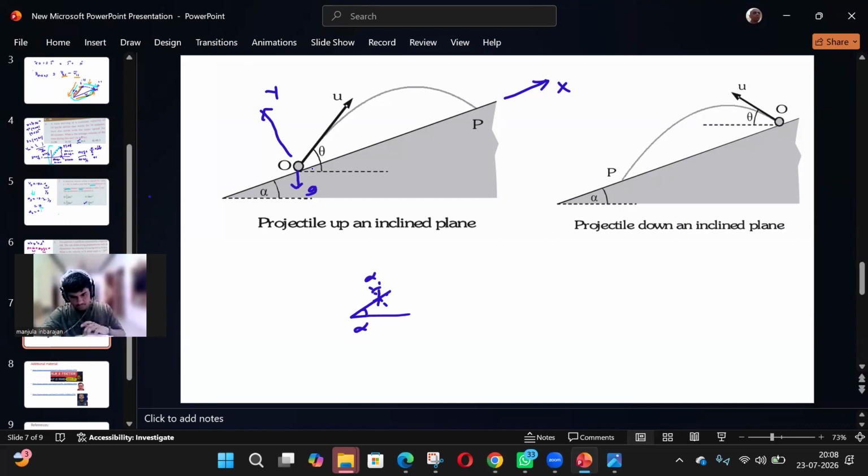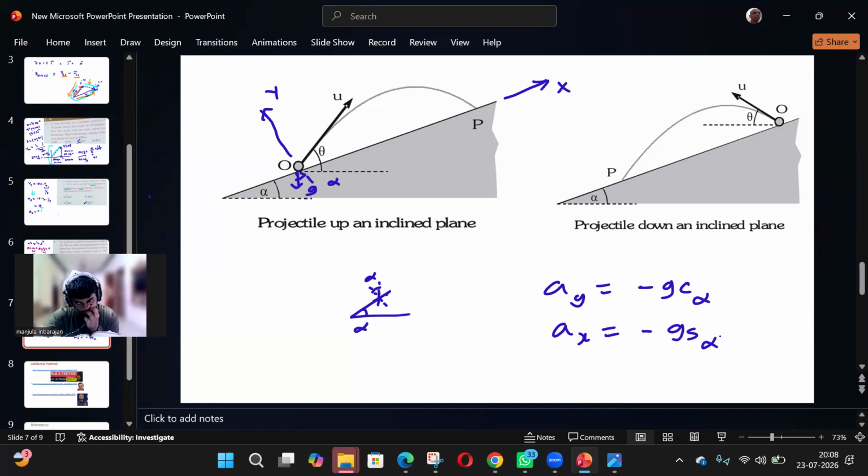So this g is perpendicular to the horizontal and the y-axis is normal to the plane, so this angle is also alpha. So along the y-axis, acceleration is minus g cos alpha, and acceleration in the x direction is minus g sin alpha.